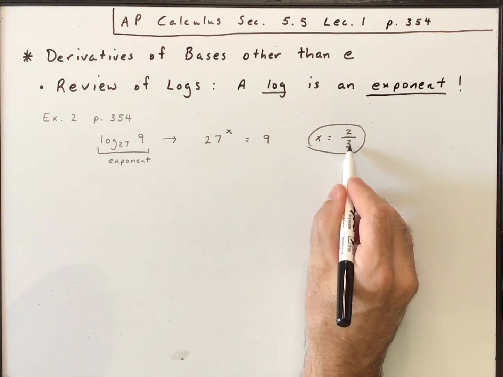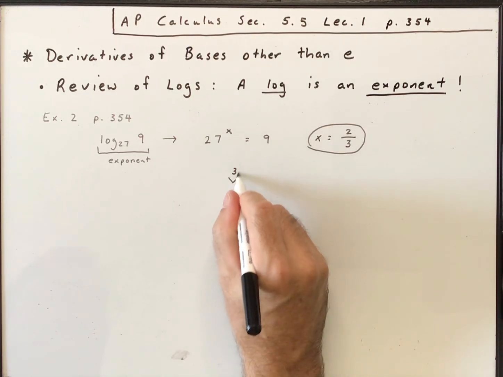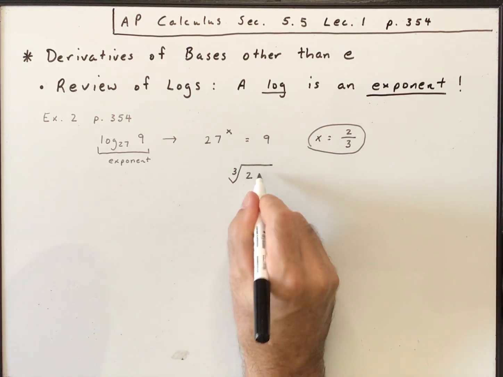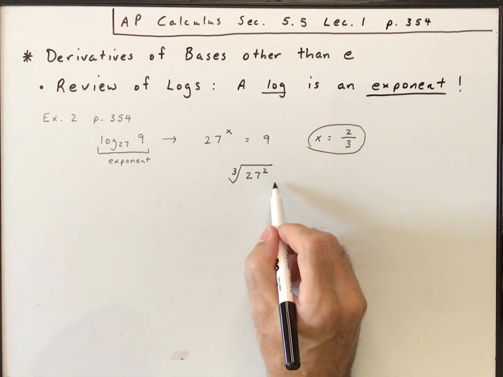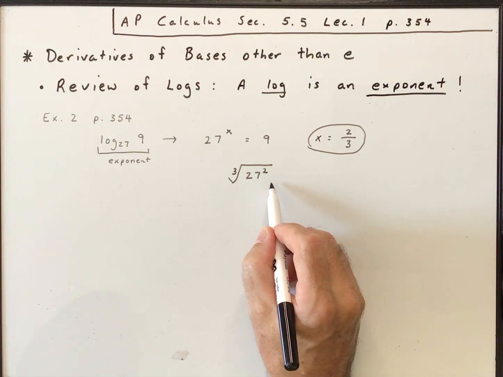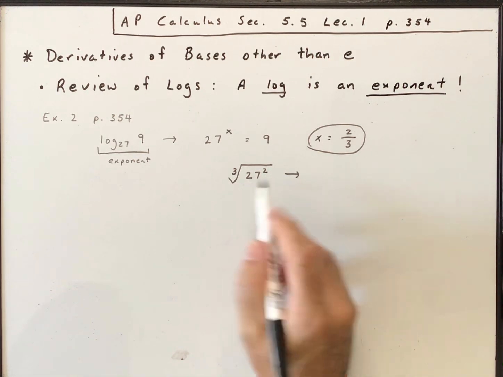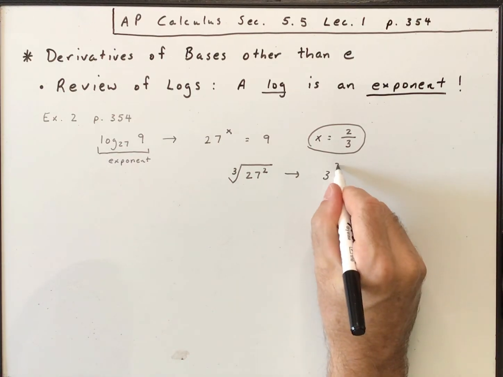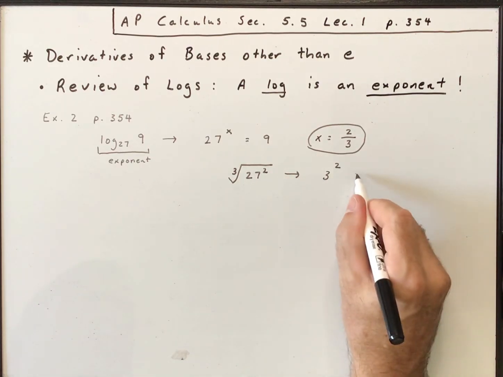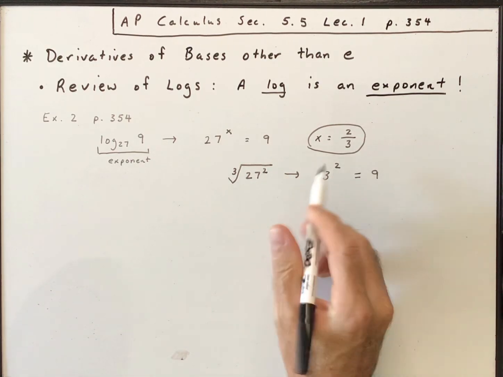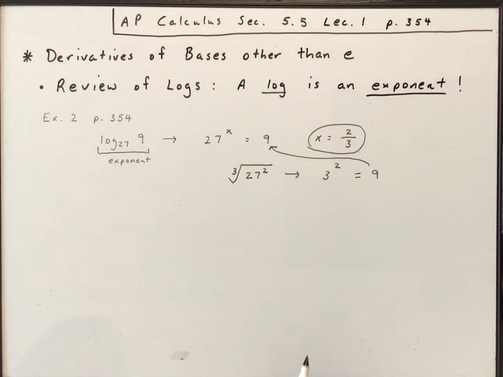Remember, the denominator of the fraction goes into the crook of the radical, and then the numerator is what we raise the power to underneath the radical. Okay, so the cube root of 27 is 3. Let's do that first, and then square it. 3 squared is 9, and that matches right here.